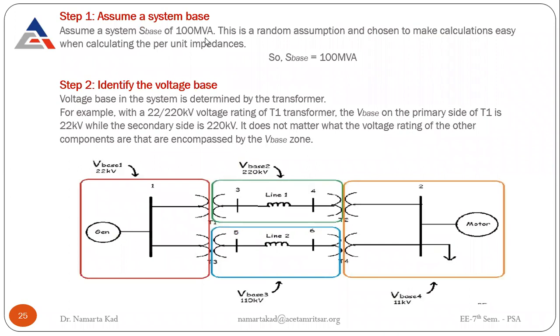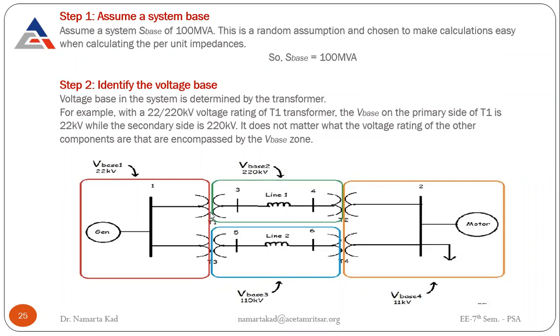You can choose the base value as the highest value given in the system, or some units higher than that also. In this numerical, we are choosing 100 MVA, a random assumption chosen to make calculations easy when calculating the per unit impedances. So the S base that we have chosen is 100 MVA.